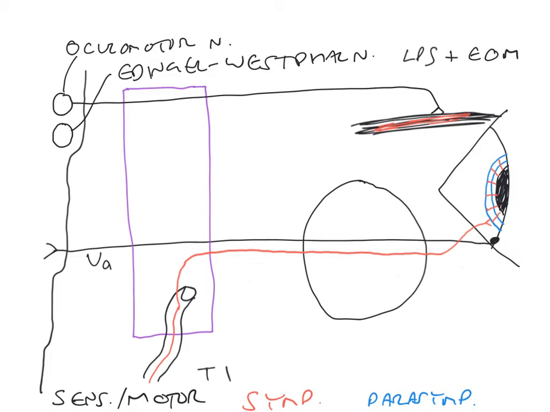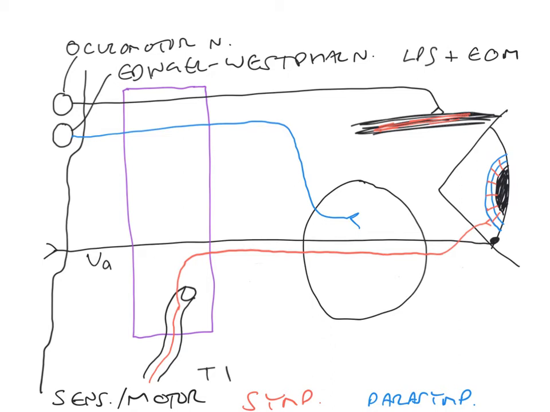So let's draw on those parasympathetic preganglionics for at least part of their course. They start off in the midbrain, pass with the oculomotor nerve through the cavernous sinus, and then in the orbit they leave the oculomotor nerve and enter the ciliary ganglion.